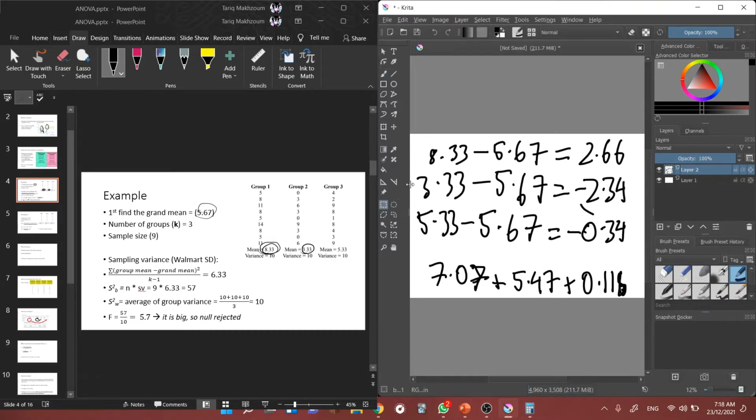So let me just clean this up a little so we have a bit more space.